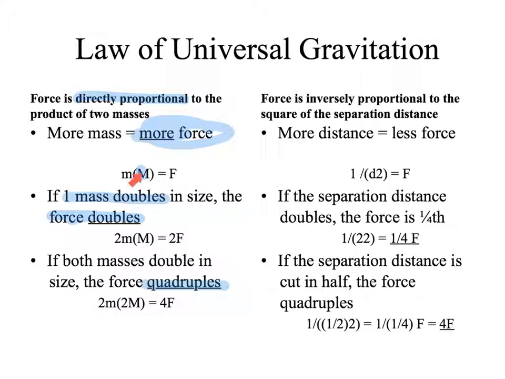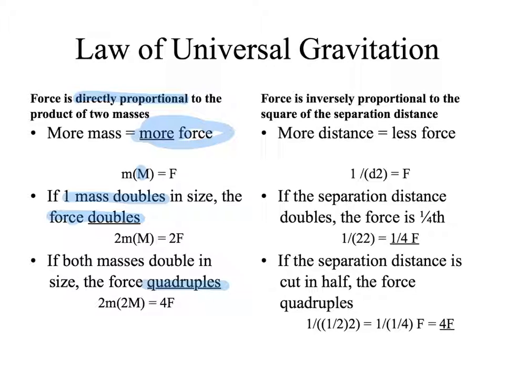And if I take that other original mass, which was 1m, and I double that as well, I get 2m. Now it's directly proportional to the product. The product means multiplication. So if I multiply these two together, I get my force of 4. So if both masses double, they both get larger in size by a factor of 2, then the force between them increases by 4 times its original amount.